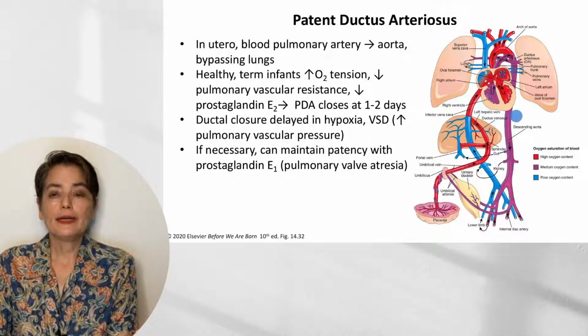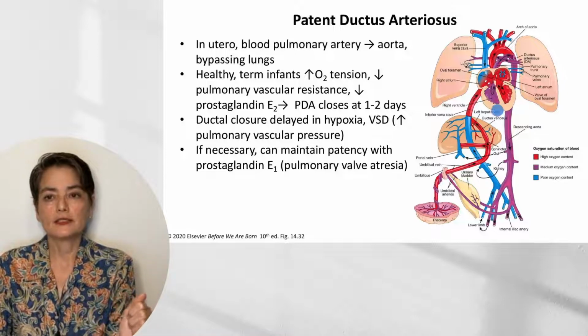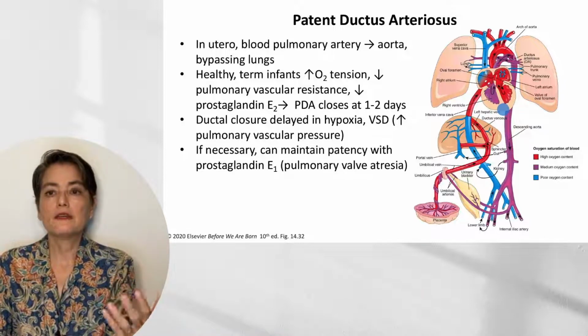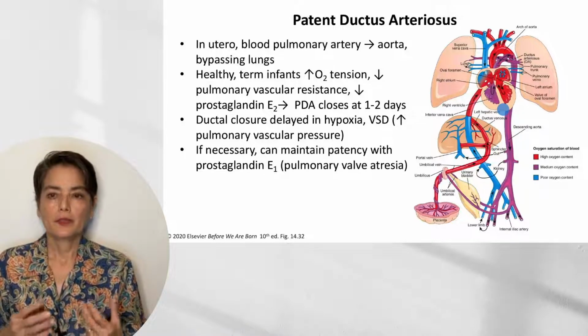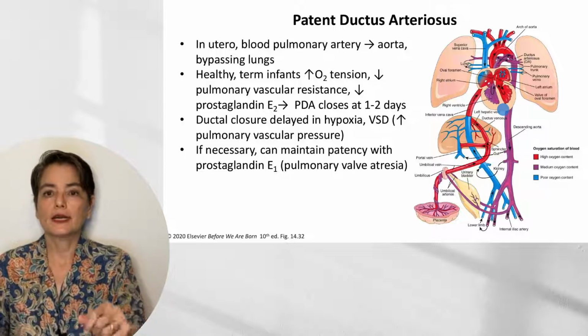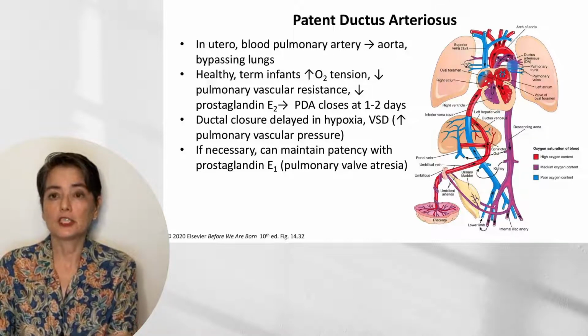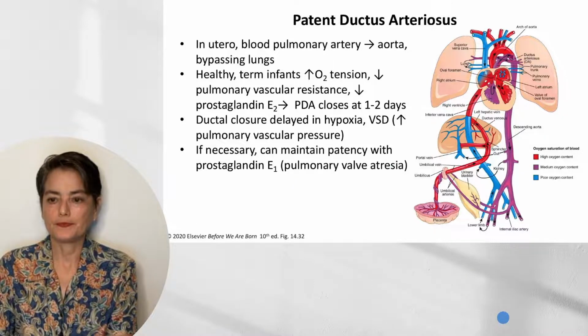One thing to keep in mind is that, and we'll talk about this in the video on right to left shunts, there are some defects where you have basically the systemic and the pulmonary circulations running in parallel, not connected, and you need to create a connection. And a ductus arteriosus is a good way to do it. One way to maintain that is to give children prostaglandins to prevent that from closing.